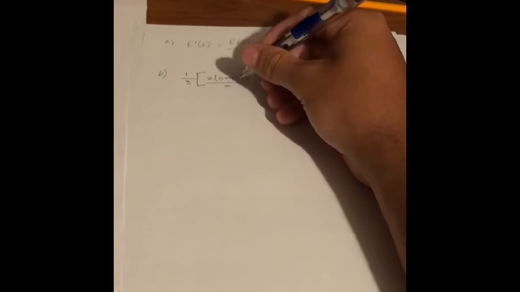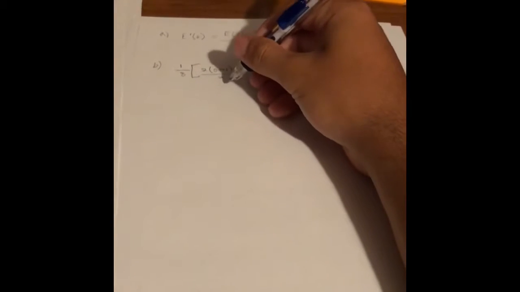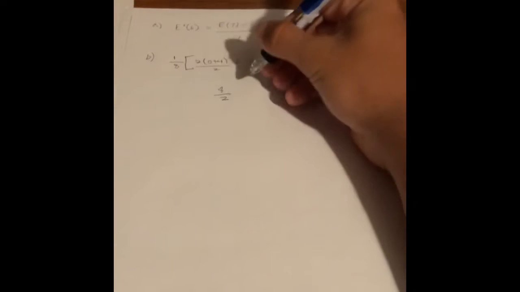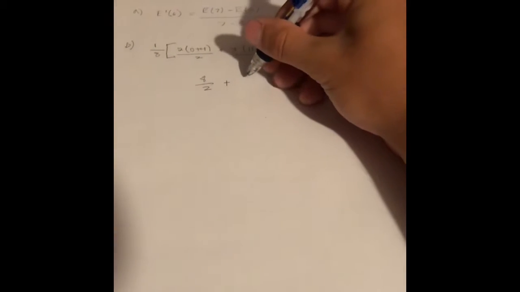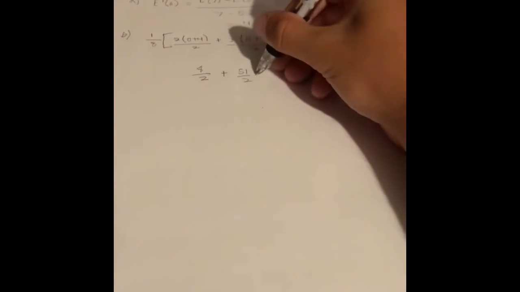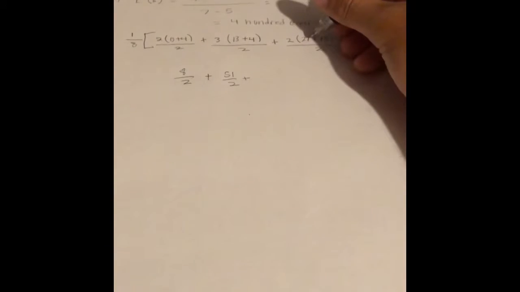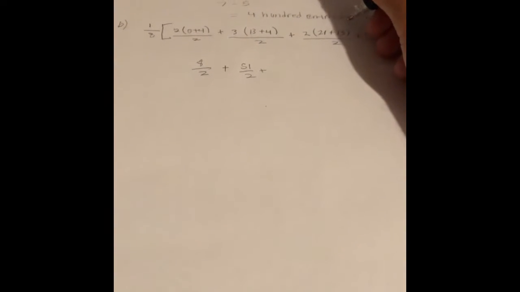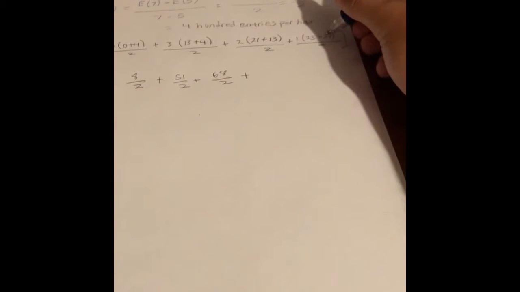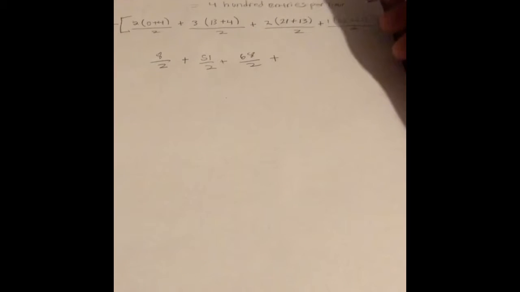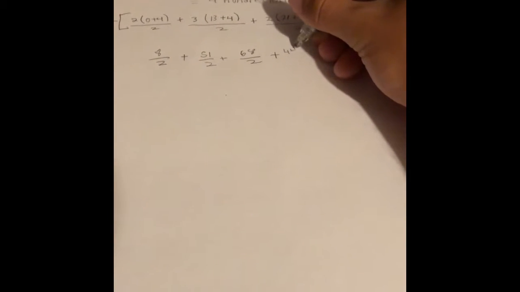All right, now we solve. 0 plus 4 is 4 times 2, so we get 8 over 2, plus 13 plus 4 is 17 times 3, 51 over 2, plus 21 plus 13 is 34 times 2, 68 over 2, plus 23 plus 21, 44, 44 over 2.